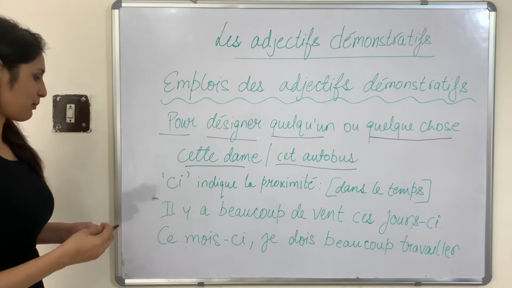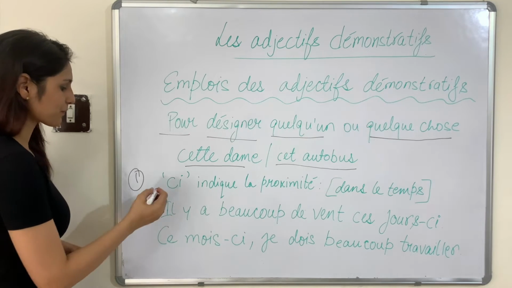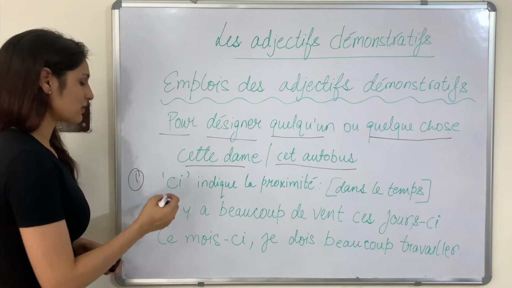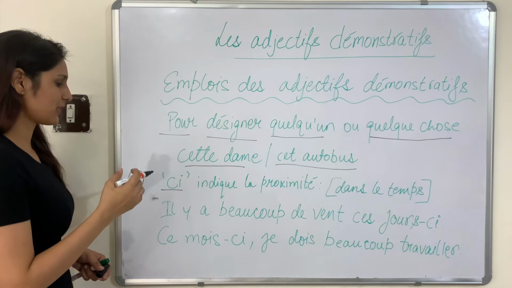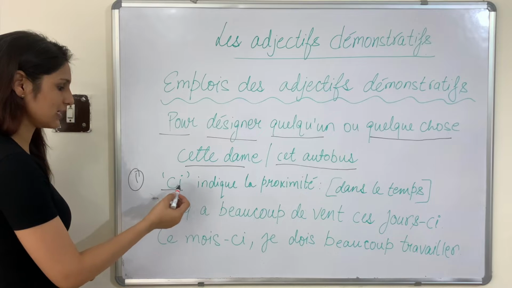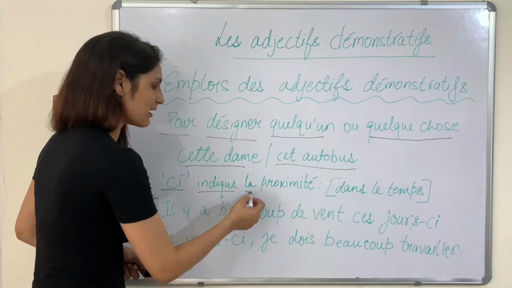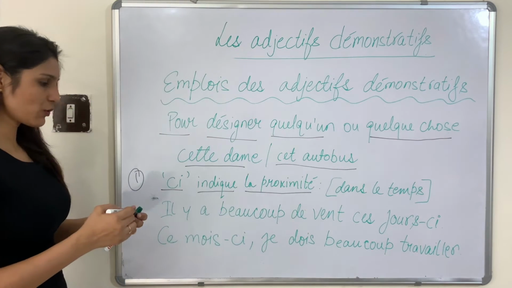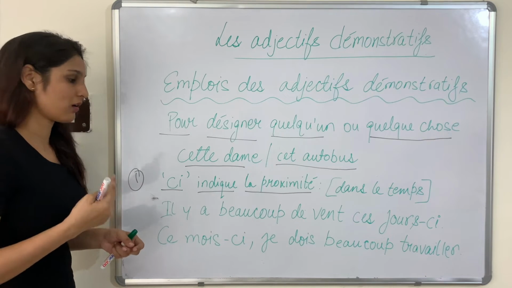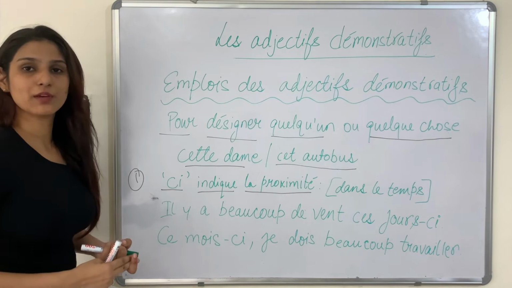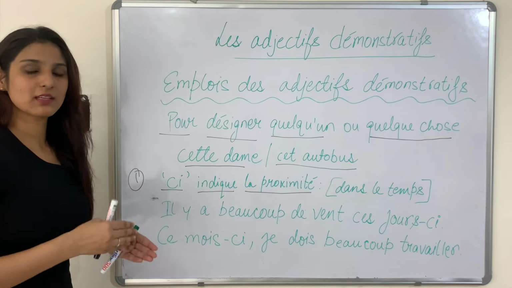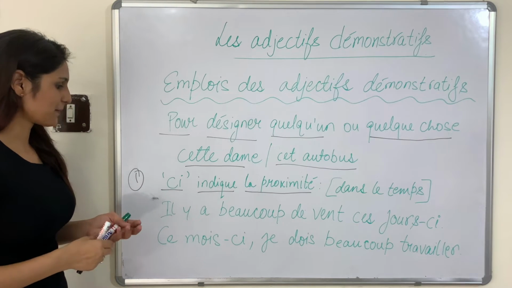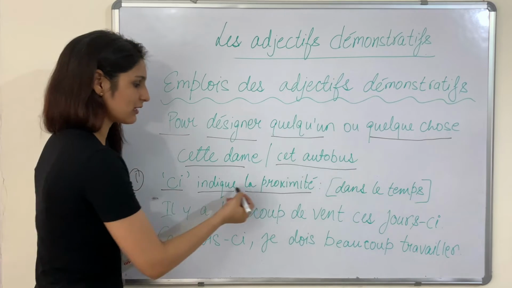Now, the first point to notice is that with these four demonstrative adjectives, you're going to see the word ci. Ci indique la proximité. There are two important points where you use this ci with the cette and ce and so on. Now, the first one is indique la proximité.